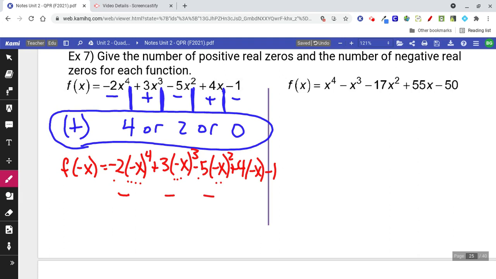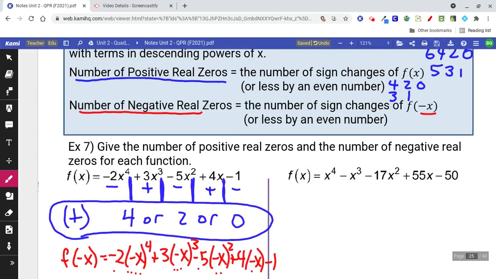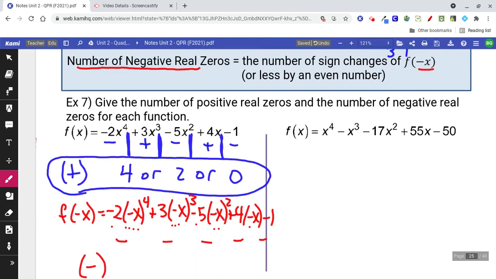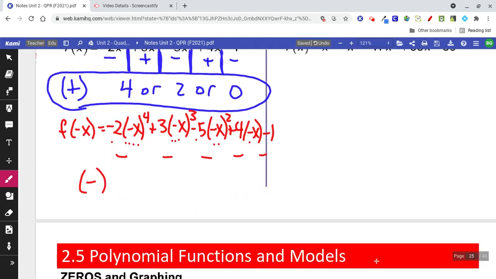That's going to be 3 negatives. That's still negative. In the next term, I've only got 1 negative that's negative, and then negative 1 is negative. So if you look at it, there are no sign changes. It's negative, it's negative, it's negative, it's always negative. So the number of negative real zeros, there aren't any sign changes, so that's 0. I know that's tough to understand.